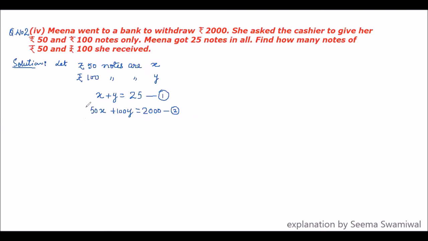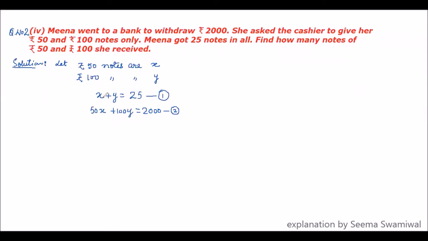Once you have framed the equations right, you have to decide which variable is to be eliminated. Now children, observe the two equations carefully. Are the coefficients in the equations you obtained in their simplest form? If not, bring them to their simplest form.